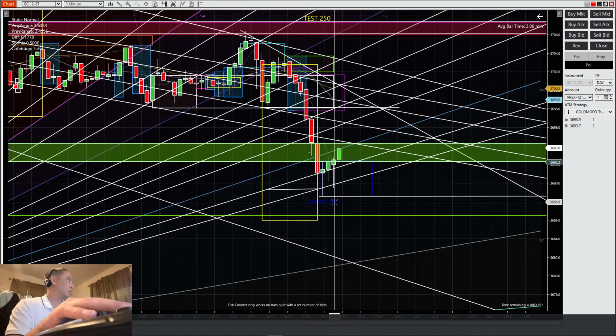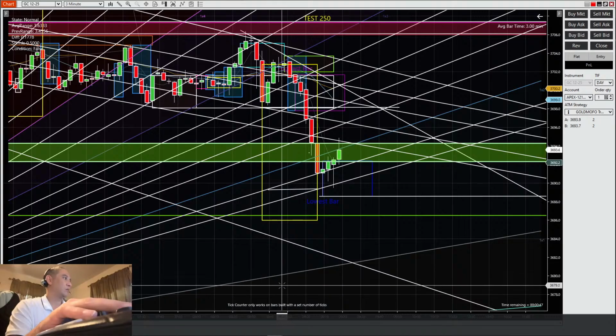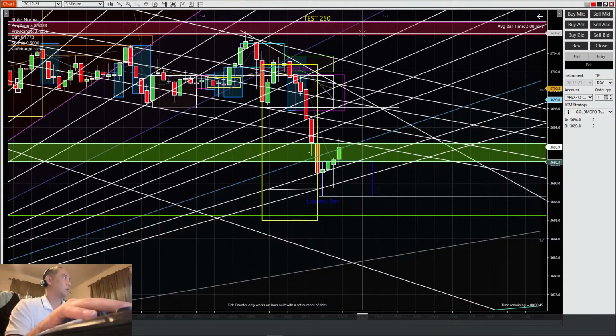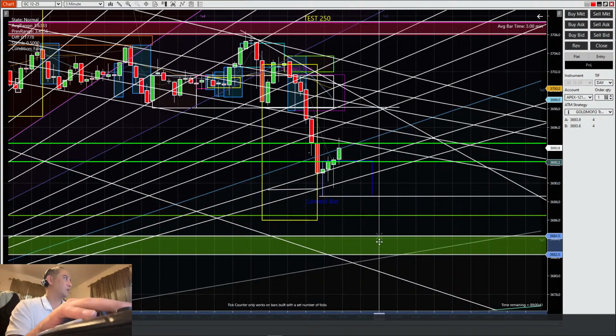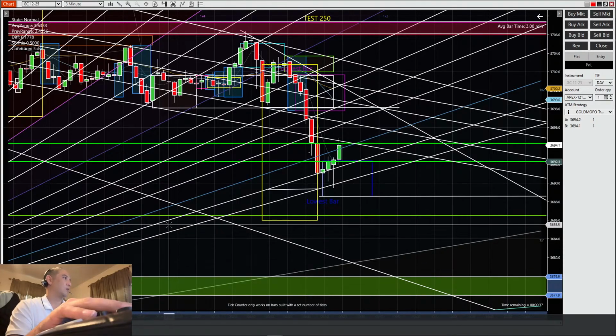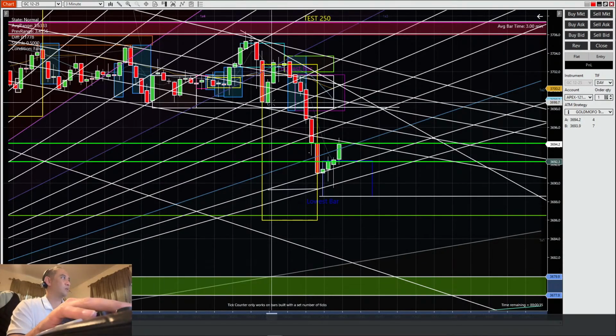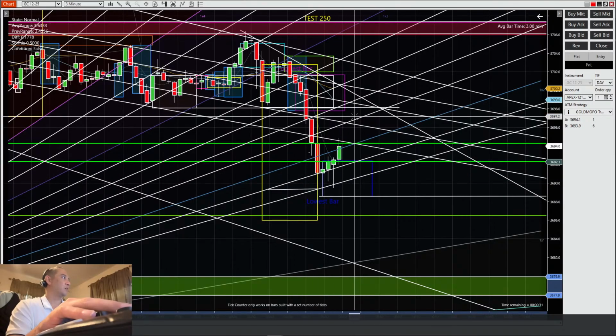So the liquidity zone was at 79, which is down here. So what I'm going to do is grab this and move it down here. That's where your first liquidity zone is. Get a little bit of a bounce here.